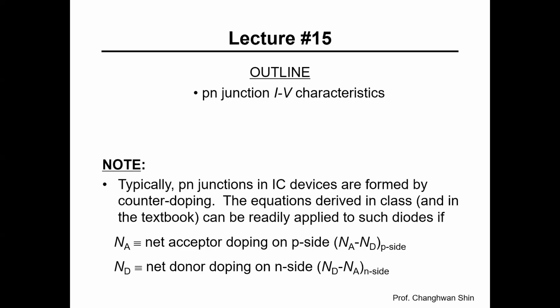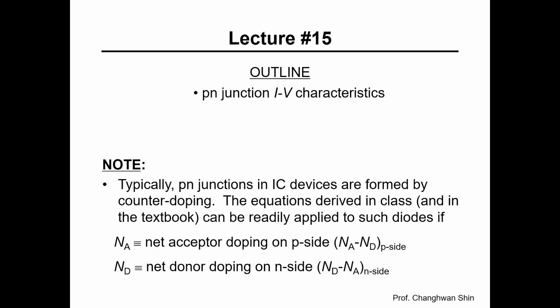There is also an important note about practical semiconductor devices. In real integrated circuits, PN junctions often aren't formed by directly joining p-type and n-type materials. Instead, they are created through counter-doping, the process of introducing dopants of opposite type into a region that is already doped. So when applying our equations to such junctions, we need to work with the net doping concentrations.